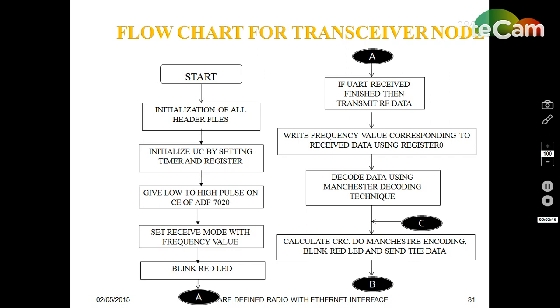Then blink a red LED to indicate the device is ready for operation. If the UART receives the transmitted data, then write the corresponding frequency value in register 0. Then decode the data using the Manchester technique. Then calculate CRC and Manchester encoding. Then blink a red LED and send the data.